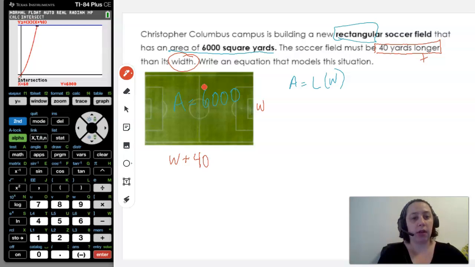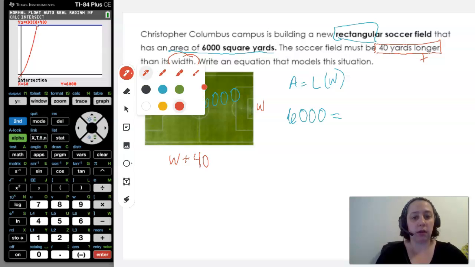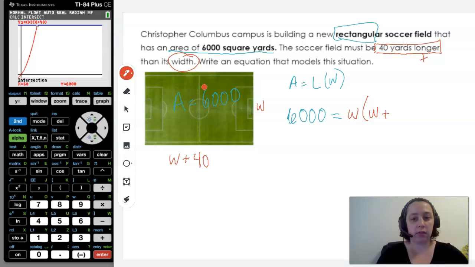So our area formula is 6,000 equals our width times our length, W plus 40. Now you can distribute here. You'll get W squared plus 40W equals 6,000.